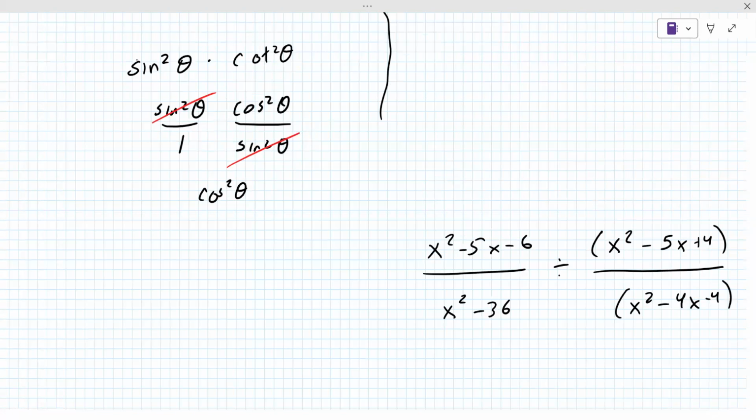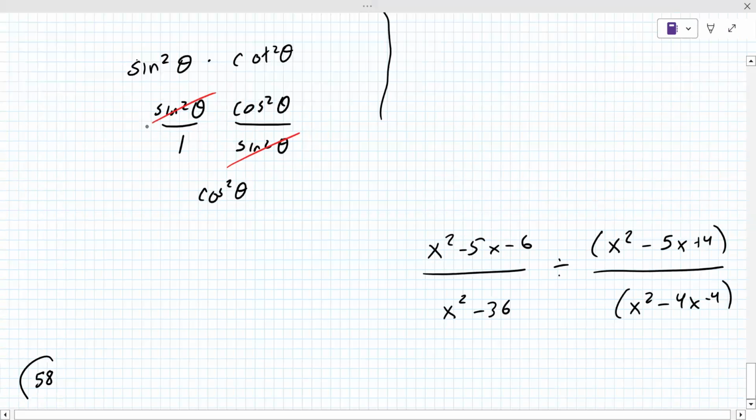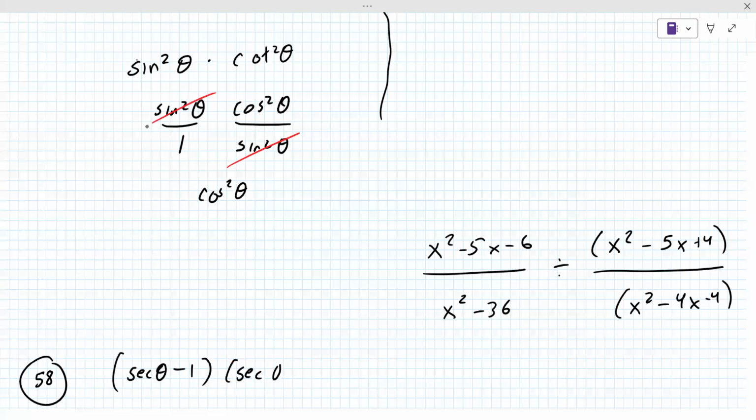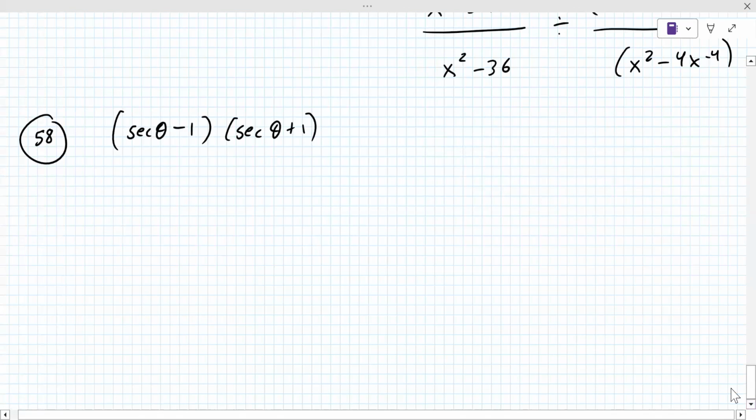Okay, I'll just keep going here unless I hear otherwise. Number 58 is secant theta minus 1 times secant theta plus 1. Sometimes you have to do some other stuff.